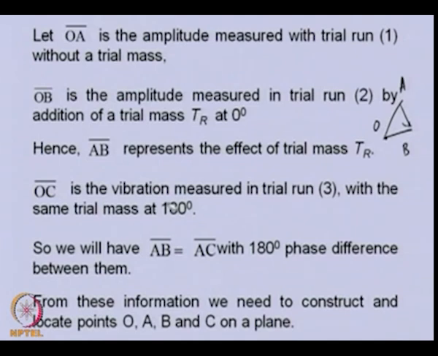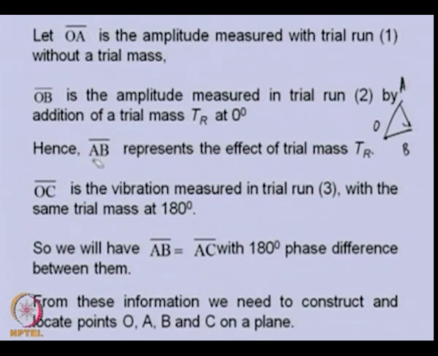We have another vector OC, which is again starting from O. So basically the AC vector, where A is without trial mass and OC is with trial mass, will be the same effect of trial mass, but when we kept the trial mass opposite to the previous case.